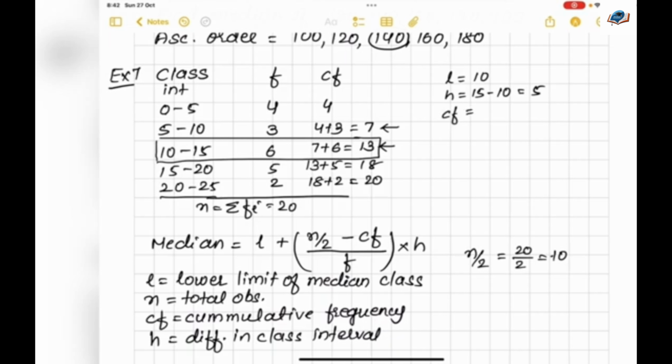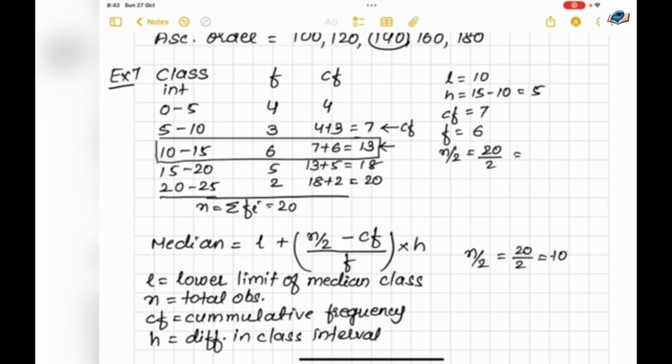So this will be my CF. So 7 is my CF. And F will be the frequency of the median class. So that will be 6. And n by 2 will be 20 by 2. So that will be 10. So that already we have done.